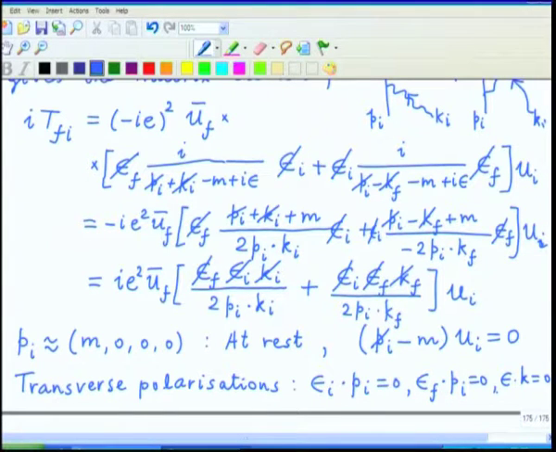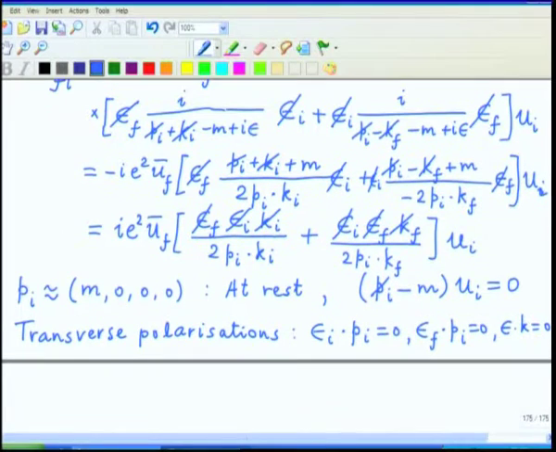So, these are all the rules which we have used, and that simplified the expression to this particular form.